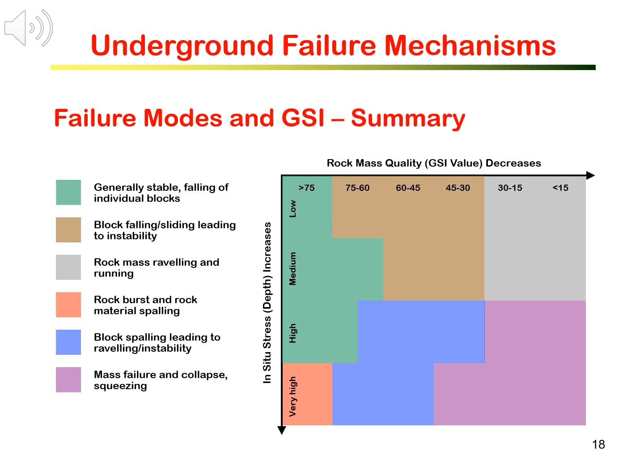Again, we have envisaged that the failure of underground excavations in rock results from two major factors: the rock mass quality and the stress level. By summarizing the results from the previous 4 slides on failure modes and GSI, we may end up with this diagram, indicating failure mode zones with stress and the GSI.